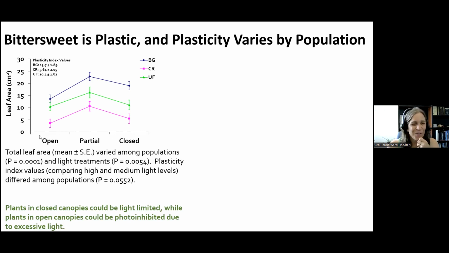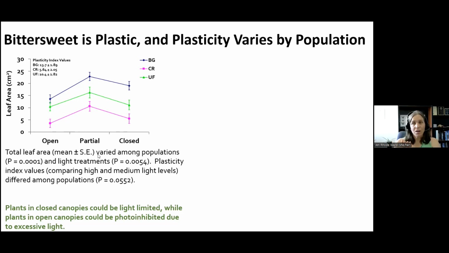And then here are the 3 light levels, so high light, medium light, low light. And here are the 3 populations. You can see that the one from near the Biltmore estate is bigger than the other 2, right? This blue line is consistently above the other 2. And this is the average leaf mass plus or minus 1 standard error.